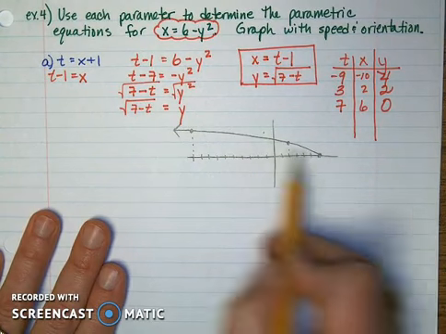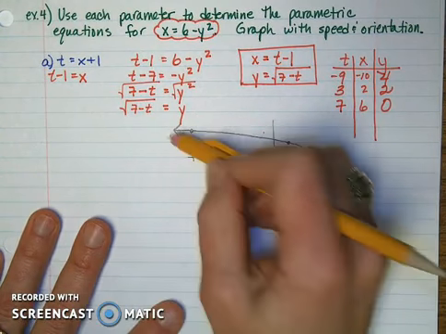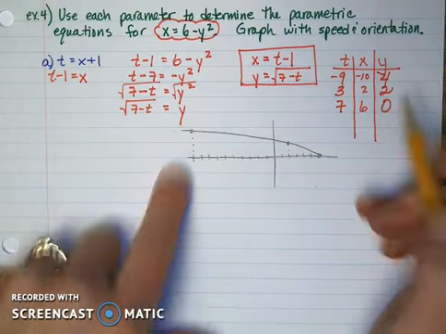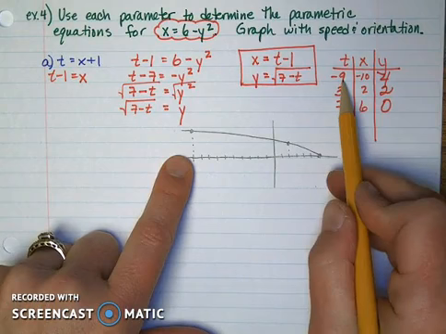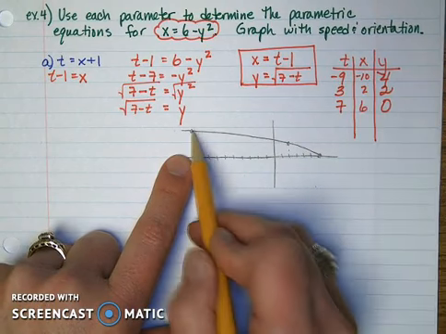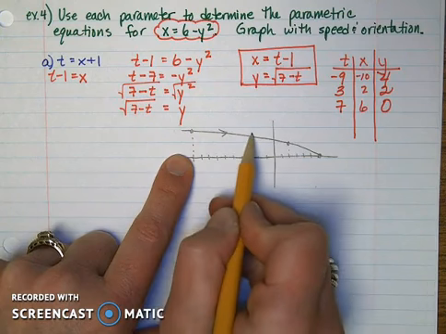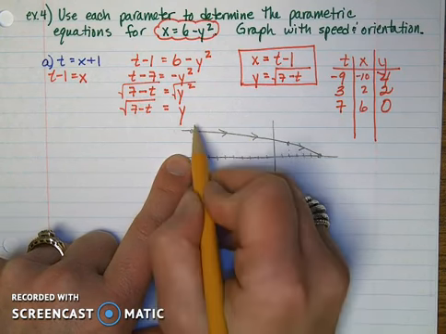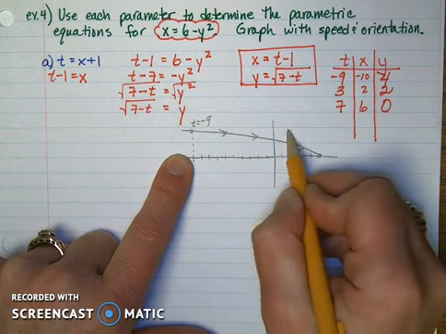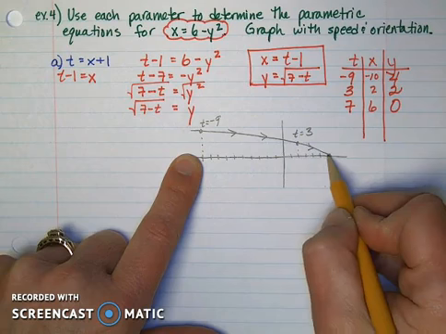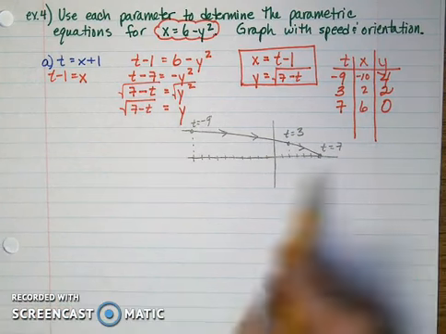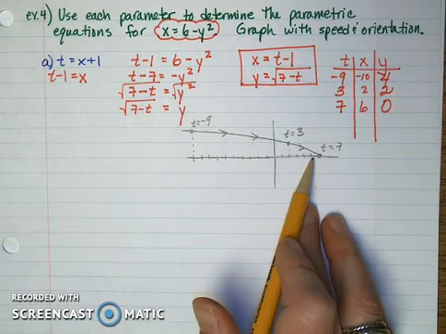That's the way the graph drew, and I'm going to erase that arrow right there because when I plotted my points, as I was coming in from negative 9, this was my first point, and the orientation is going this way. Here, t is negative 9. At this point, t was 3, and at this point, t is 7. That states the speed and the orientation by giving the graphs.